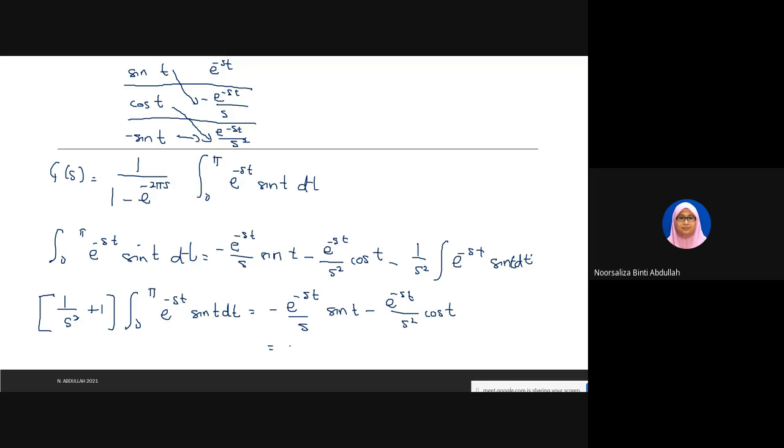Macam mana saya nak tulis ni? Divide by this one maksudnya kita terbalikkan, betul? Is it right? Kita terbalikkan kan? Ha, ya. Okay, so bila terbalikkan you dapat sini berapa? One over s² plus 1 you terbalikkan you dapat?